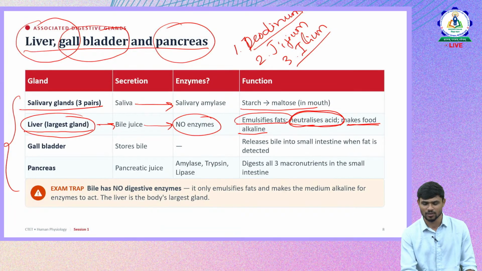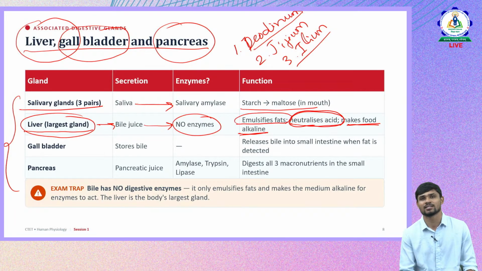And it makes food alkaline. Why? The pancreatic juices are there, right? For the pancreatic juices to digest in the small intestine, they need an alkaline medium, whereas in the stomach an acidic medium was required.